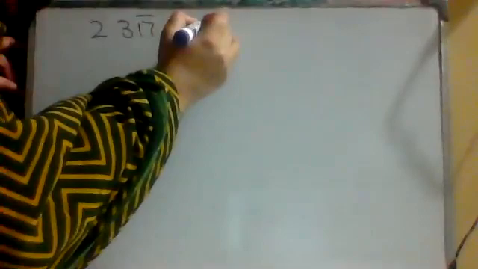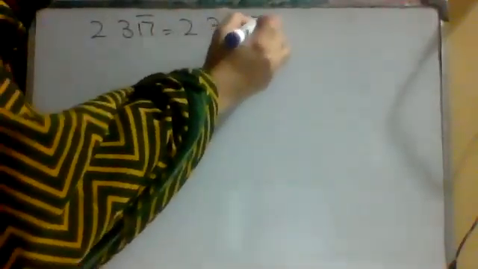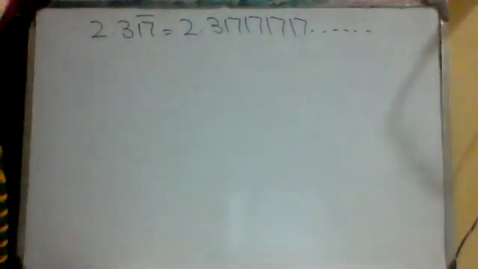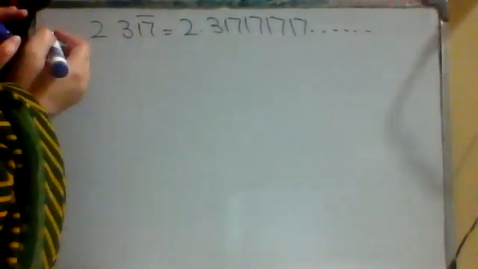Now the next question is to write this number, which is a rational number, 2.317, which is equal to 2.317171717 and so on, as a ratio of integers, that is as a fraction.